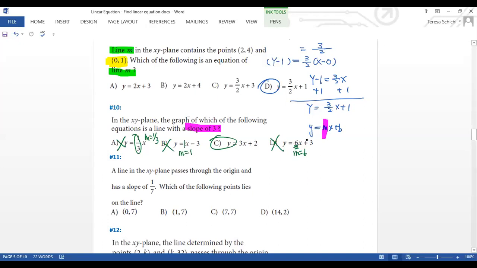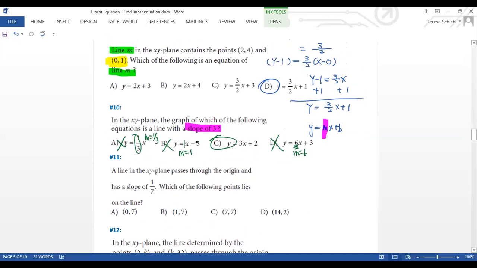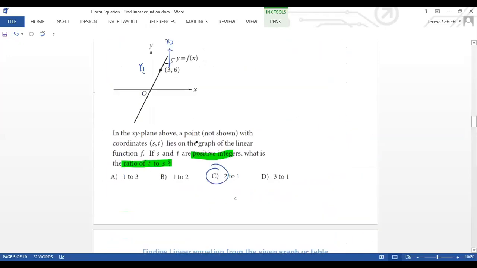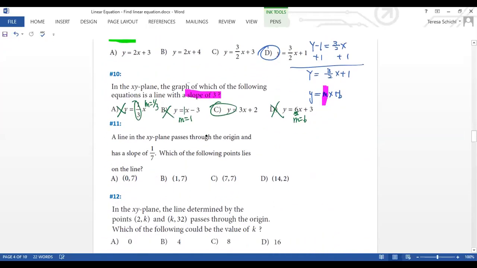Good job. Okay, let's take a look at the next one. This one, number 11, is very, very similar to number 8. Now, a line in the XY plane, right?